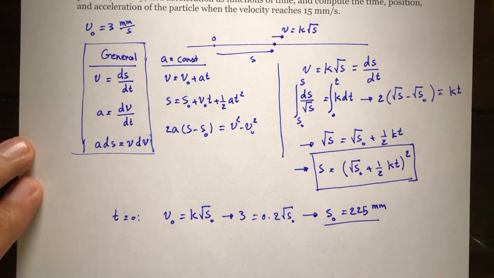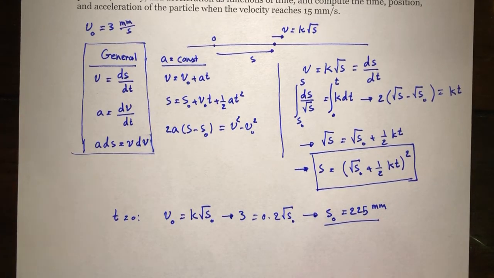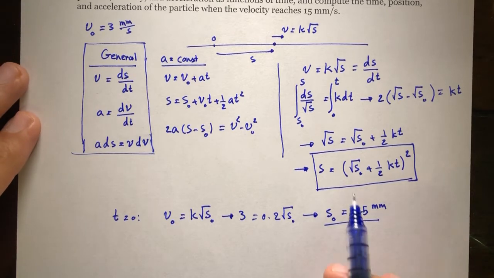which I can put here. And the square root of 225 should be 15.